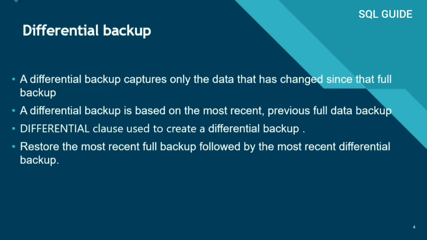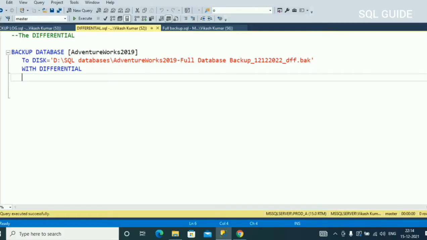Let's connect with SQL Server. I will show how to take a differential backup. So this is the example which will help you to take a differential backup. I have just added WITH DIFFERENTIAL here.